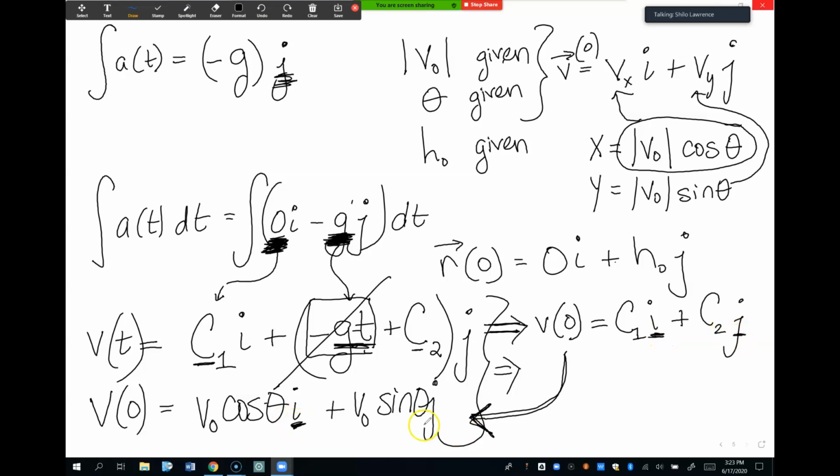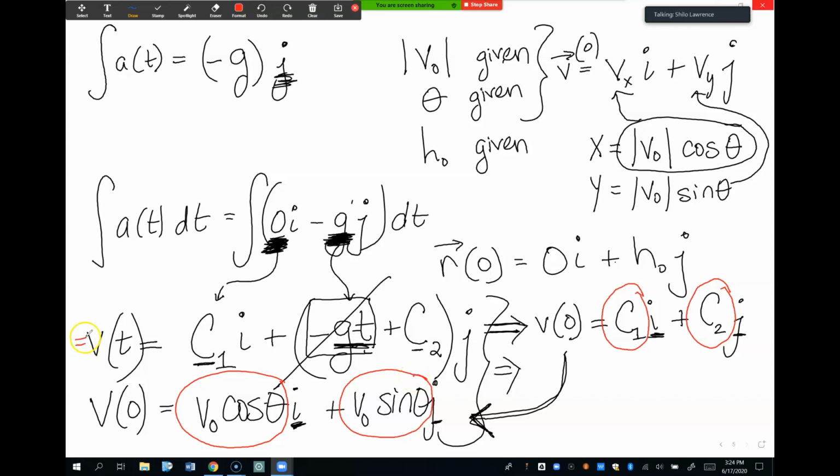The j components have to match up. That means this stuff that sits in front of them must be equal. c1 must be equal to v sub 0 cosine theta. c2 must be equal to v sub 0 sine theta.